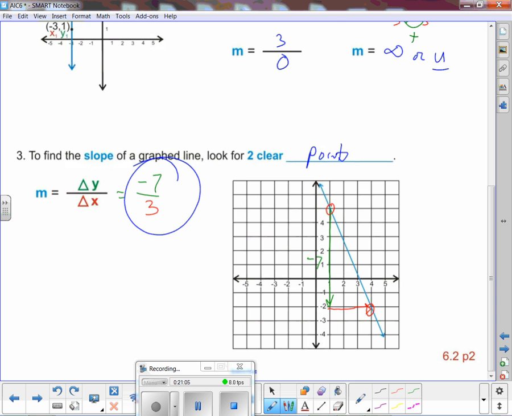So what do you have to do to find the slope of a line already graphed? You have to find two clear points and do the vertical change over the horizontal change. By the way, we should have already known this was a negative slope, because what's happening as you go left to right? It's going down. Positive slopes always go up, left to right.